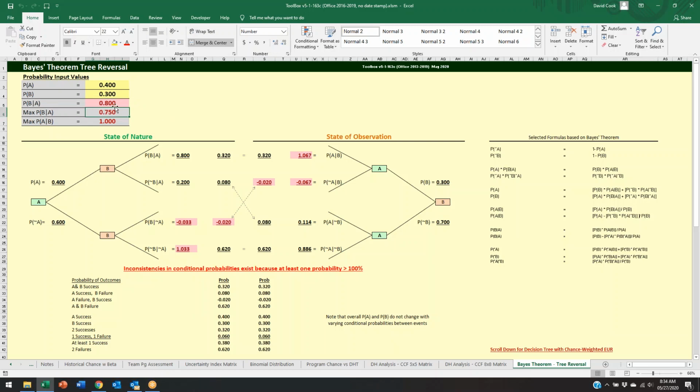So this is not a viable representation for these particular entities, and you would need to modify the inputs to get a viable assessment.